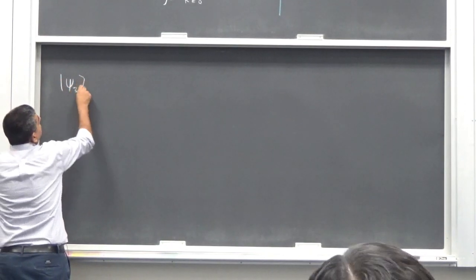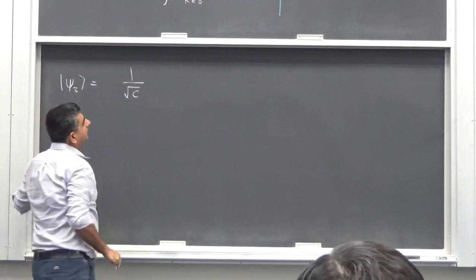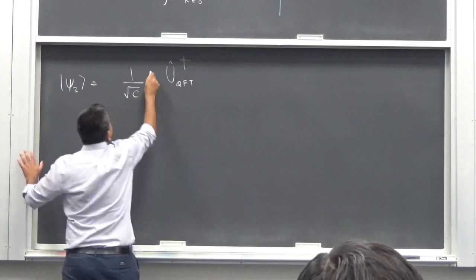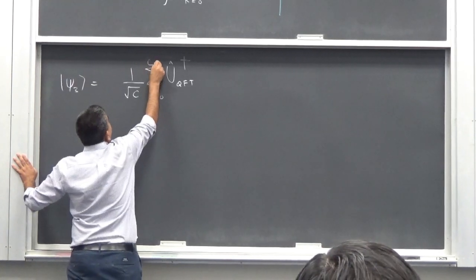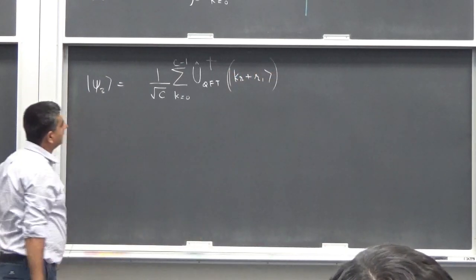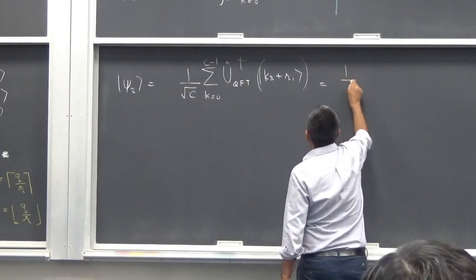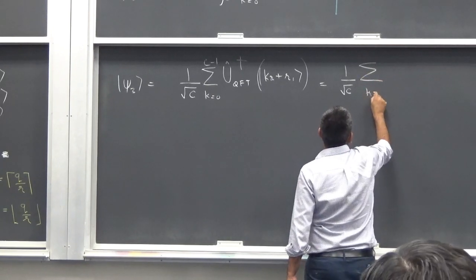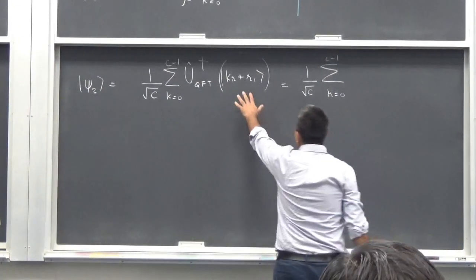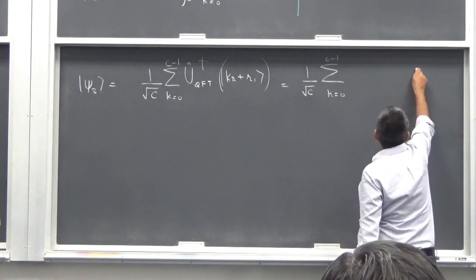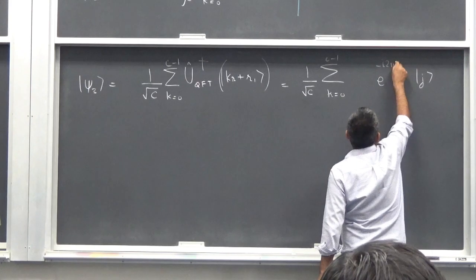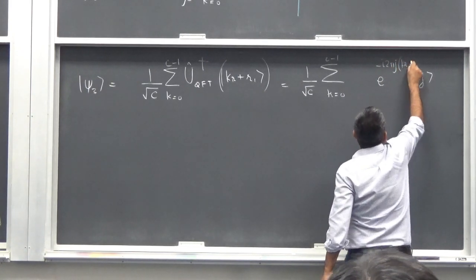Psi 3 is 1 over root C, sum over k equals 0 to C minus 1, of the inverse quantum Fourier transform. Now this turns out to be 1 over root C, sum over k from 0 to C minus 1, and then I take the sum over ket j, e^(-i 2 pi j (kr + r1) / q).